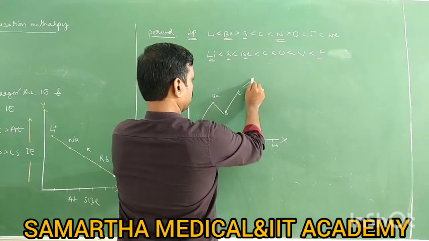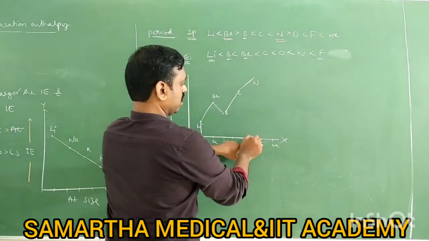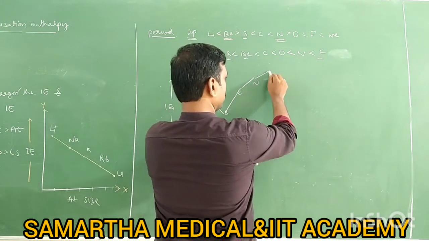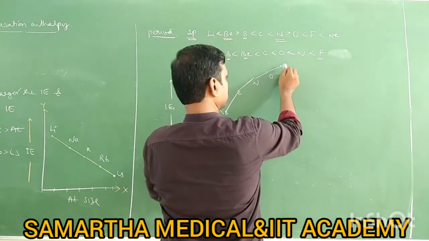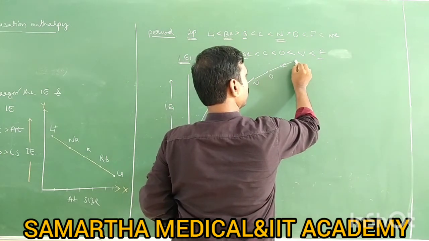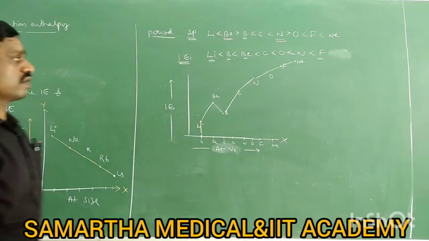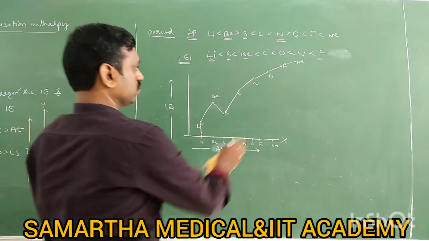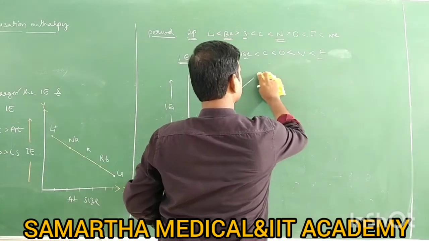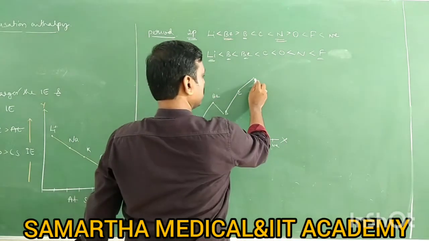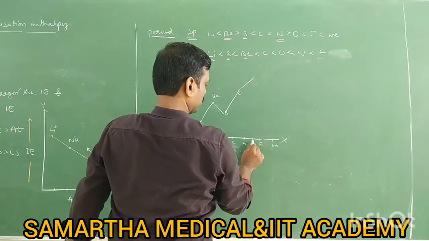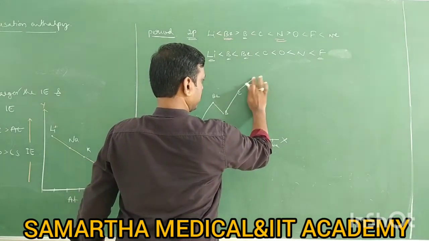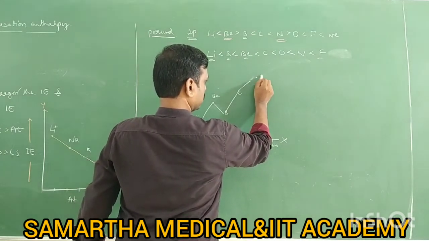Next nitrogen more, okay, nitrogen. Next oxygen more, next fluorine is more, next neon is more. So once again, one small change. After carbon is oxygen, somewhere here, okay, oxygen.